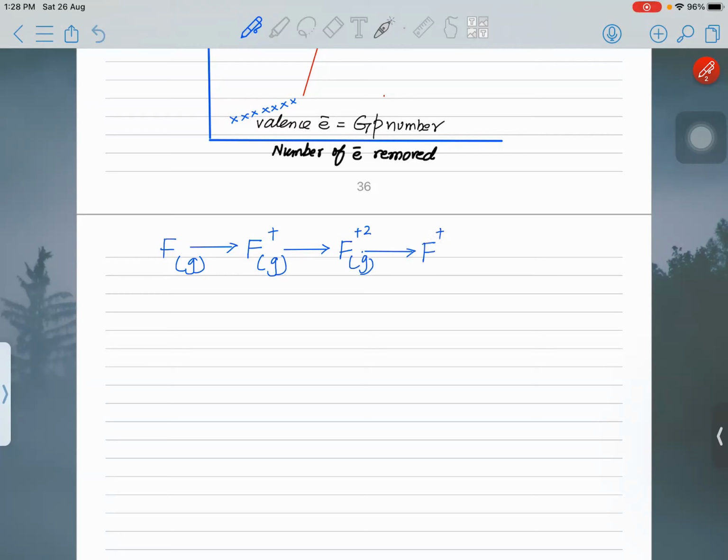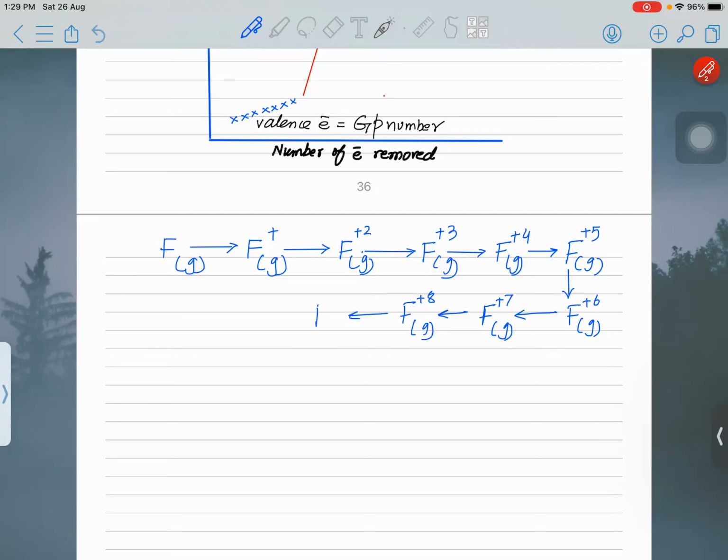Then we have F3+ gaseous, F4+ gaseous, then F5+ gaseous, then F6+ gaseous, F7+ gaseous, F8+ gaseous. Then F9+ gaseous. So can anyone tell me how many electrons are in fluorine?